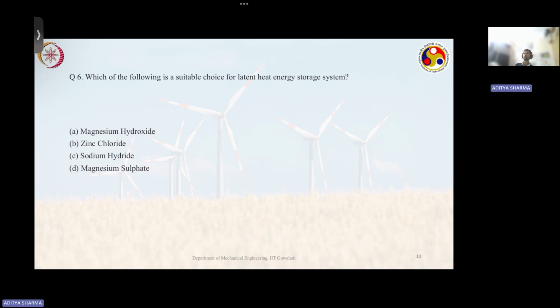More options have been given. Please read the question and try to think about it. The question is on latent heat energy storage systems. Which of the following compounds is a suitable choice for a latent heat energy storage system?